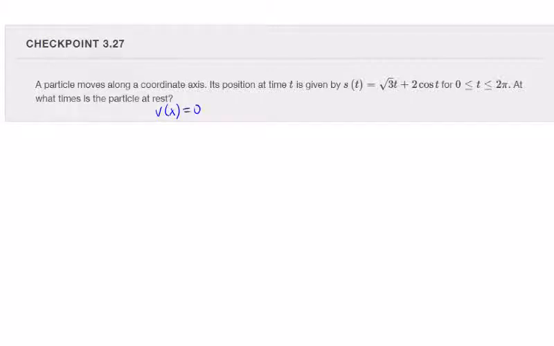The first thing we need to do is find the velocity function, which is the derivative of our position function. The derivative of root 3 t is just going to be root 3. The derivative of 2 cosine t is going to be negative 2 sine t. Remember, the derivative of cosine is negative sine, and when I multiply 2 times negative sine, I get negative 2 sine. So that's our function.